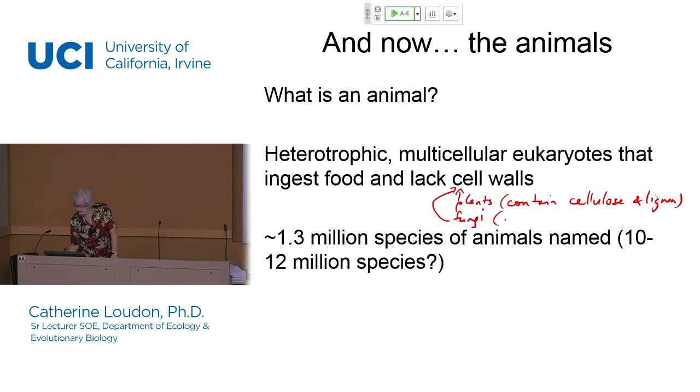And the cell walls in fungi do not contain cellulose and lignin, but they contain chitin, which is another important molecule that we have spent a little time talking about. Remember, cell walls are structures outside the plasma membrane, the cell membrane. Animals do not have cell walls.